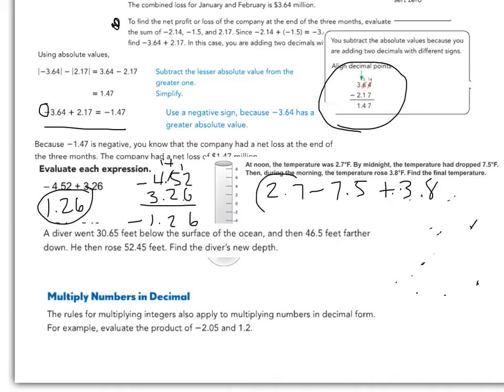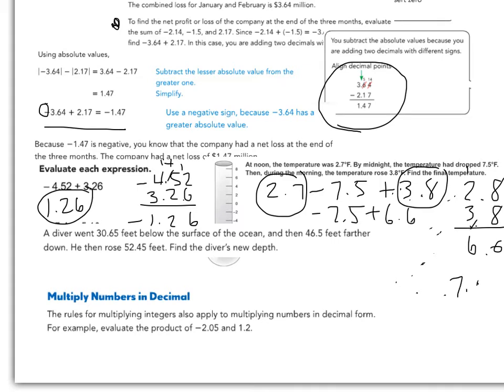Okay, we have two positive numbers, 2.7 and 3.8, so you can add those together first. That's going to give me 6.5... 6.6. So I have negative 7.5 plus 6.6. Since those signs are different, we're going to subtract. We're going to get 0.9.